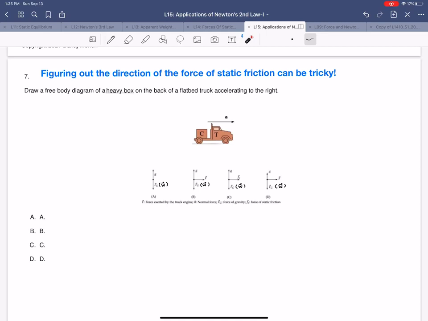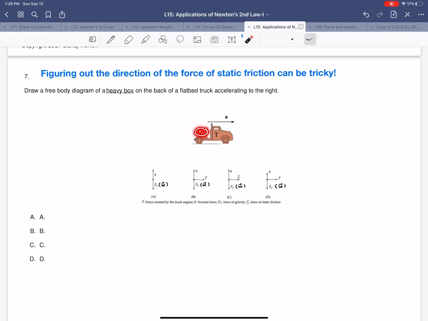The way to think about this problem is, suppose there was no friction between the box and the floor of the truck. Well, if there was no friction, as the truck accelerates to the right, the heavy box is just going to stay in place.